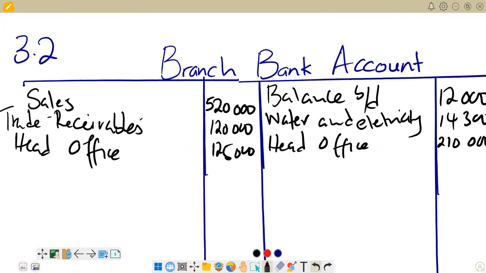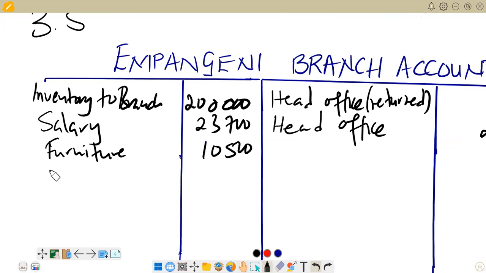And we are also indicating it on the debit side again here, and it's 125,000. So it's bank, 125,000. So this is what we have. And then we can go back to check on the next one.